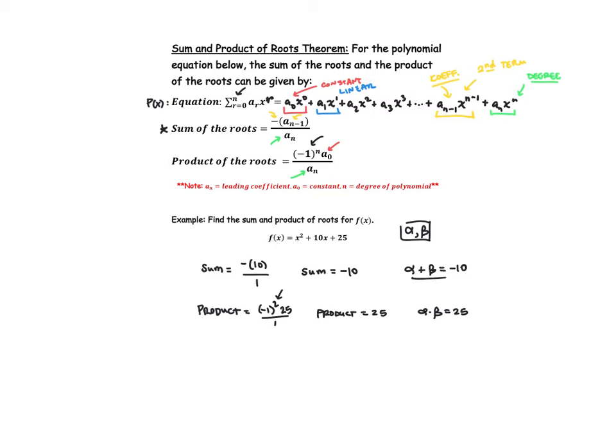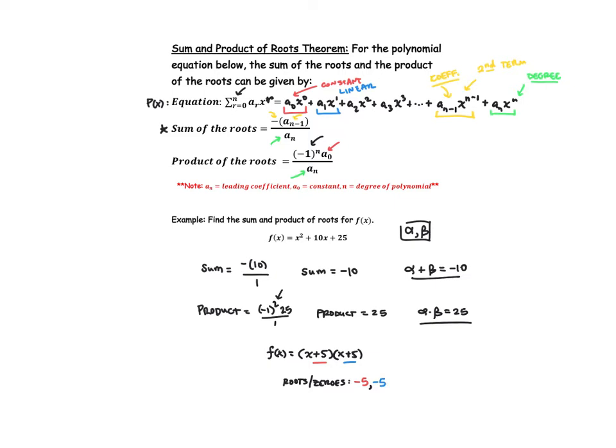Now let's see how these 2 things show up when we factor. Let's factor f of x. Well, if I factor f of x, I get x plus 5 times x plus 5. What are the 2 roots? Well, our roots, or zeros, are going to be -5 and -5.